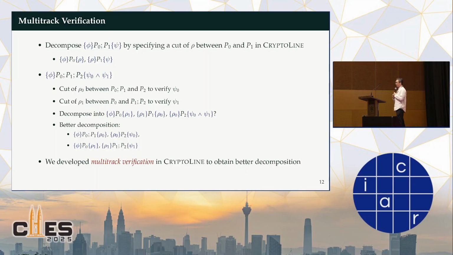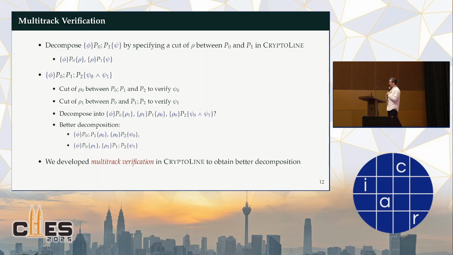And the 2 post conditions require different ways to decompose the program. The first one requires a decomposition between P1 and P2. And the second post condition requires a decomposition between P0 and P1. So currently in Crypt9, you can insert cut instructions after P0 and after P1 and result in the 3 smaller Hoare triples.